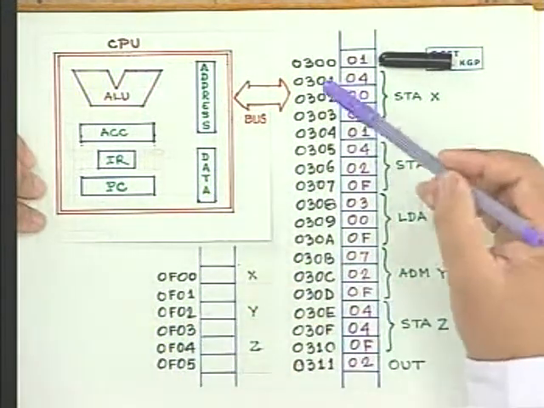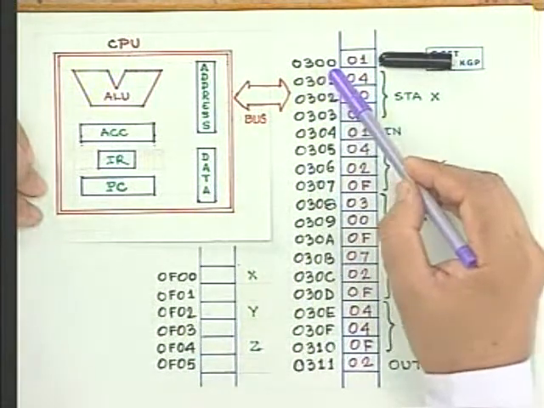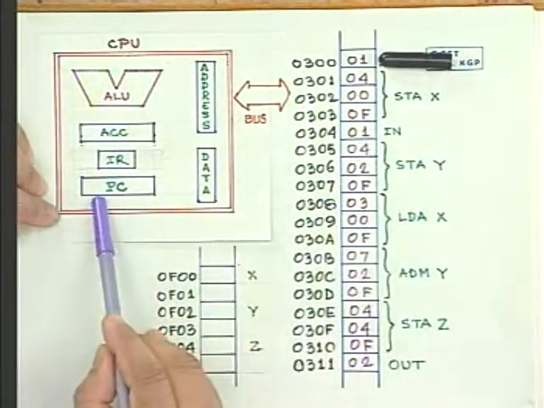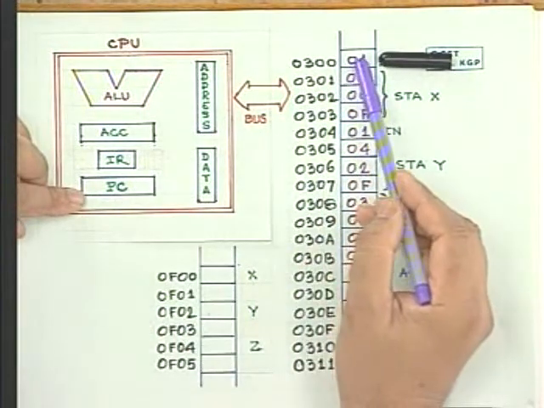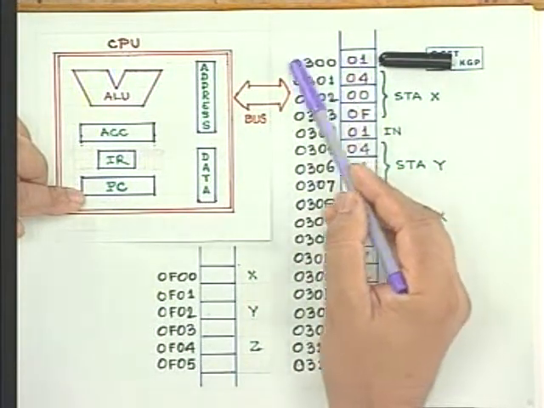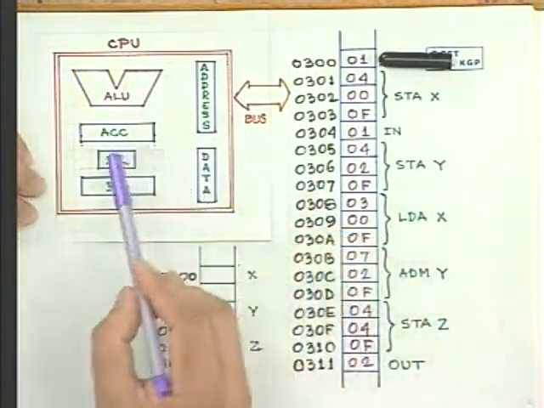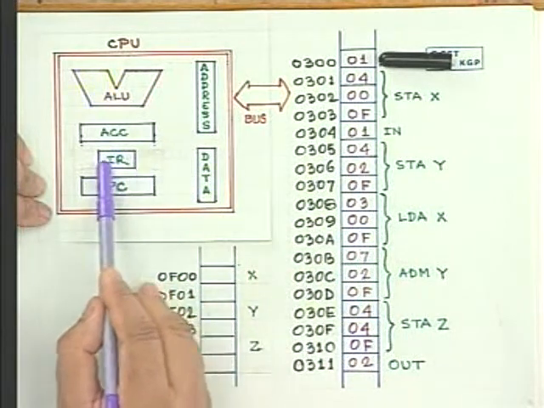Now the content of 0300, which is the content of the program counter, will be fetched.